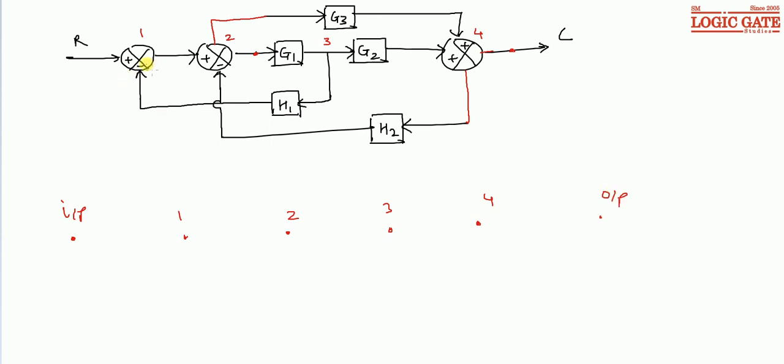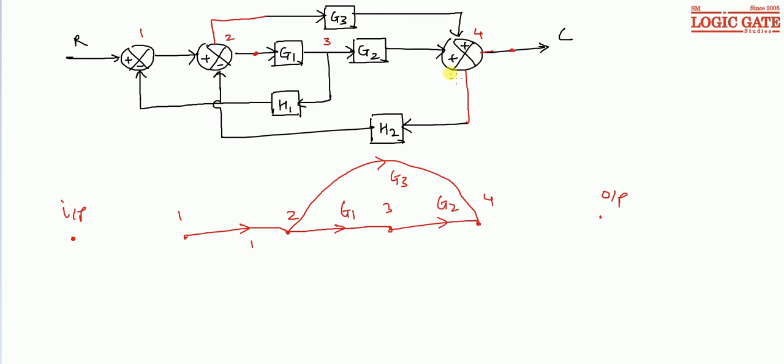Between node 1 and 2, nothing is connected, so gain is 1. Between node 2 and node 3, G1 is connected, so this is gain G1. Between 3 and 4, G2 is connected, so gain is G2. Between 2 and 4, G3 is connected, so gain is G3.